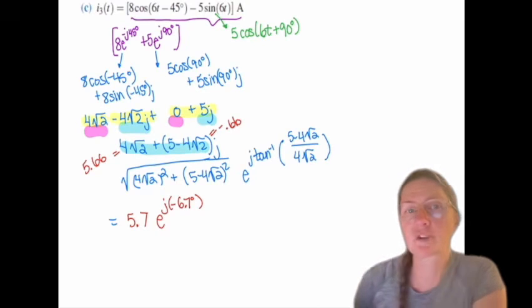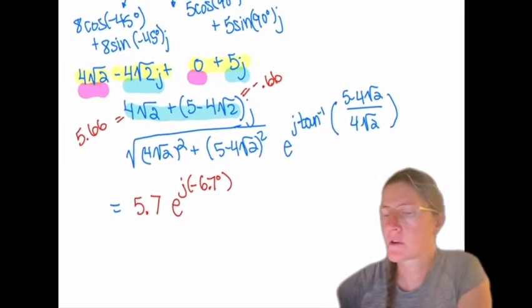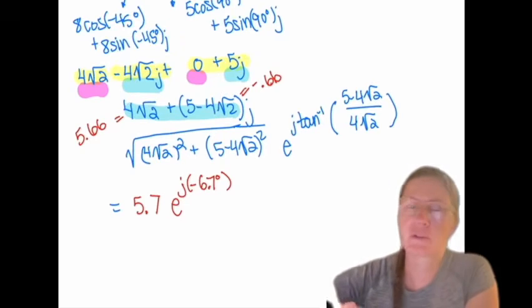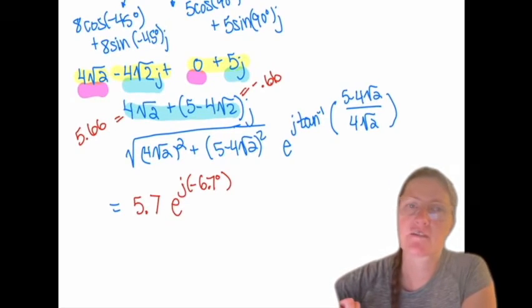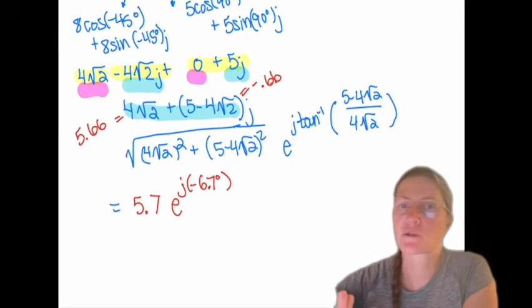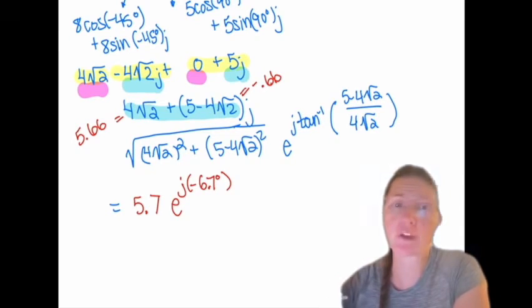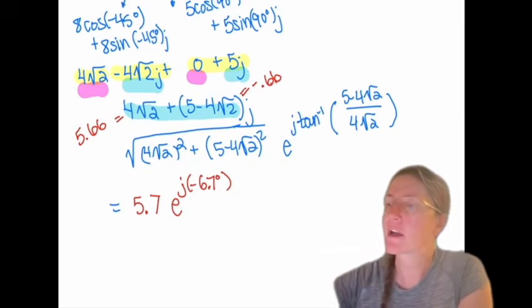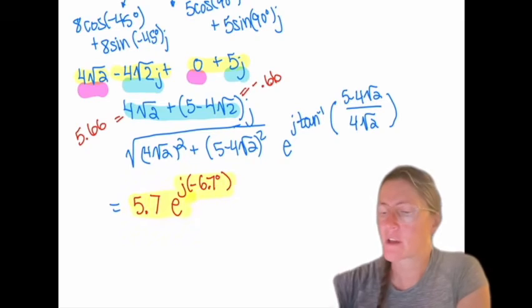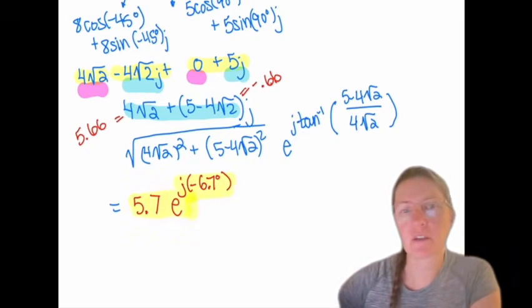And then you need to convert into polar. So 4 square root of 2 is 5.66, and 5 minus 4 square root of 2 is minus 0.66. And so you then convert it back into polar, and so you end up with 5.7e to the minus 6.7 degrees.